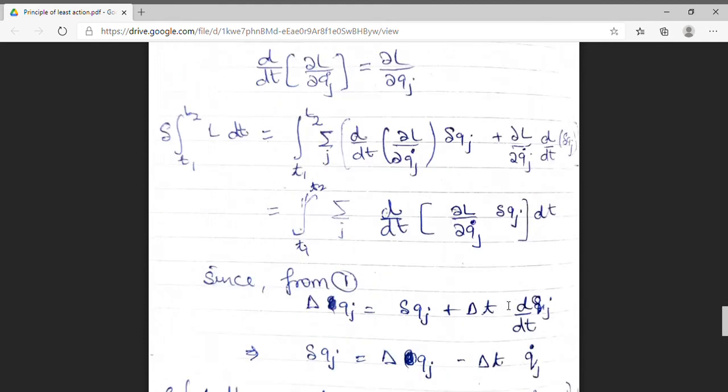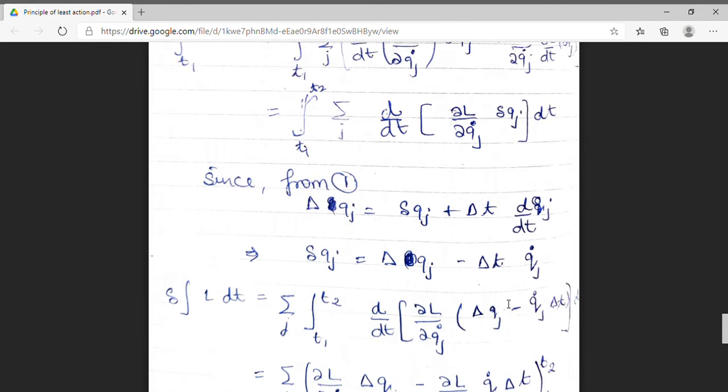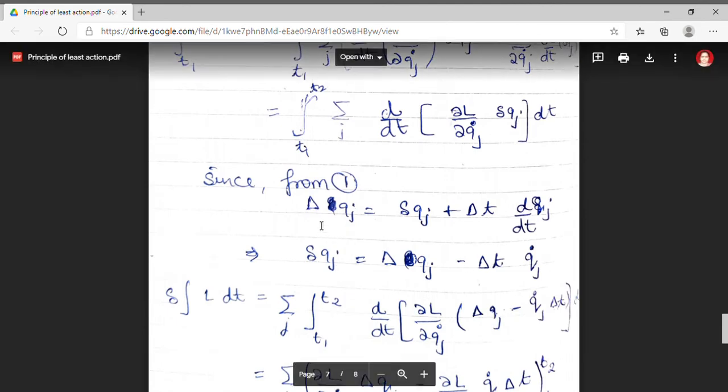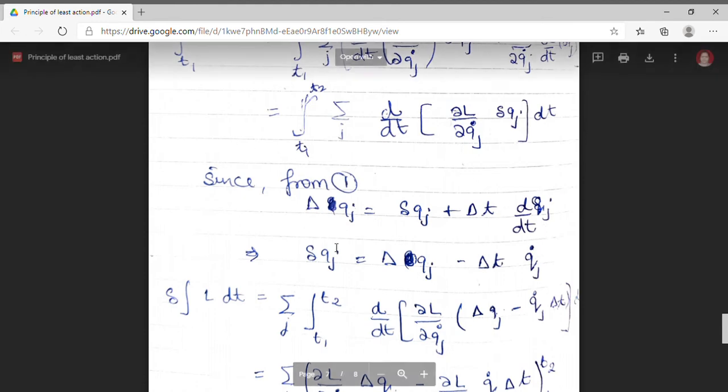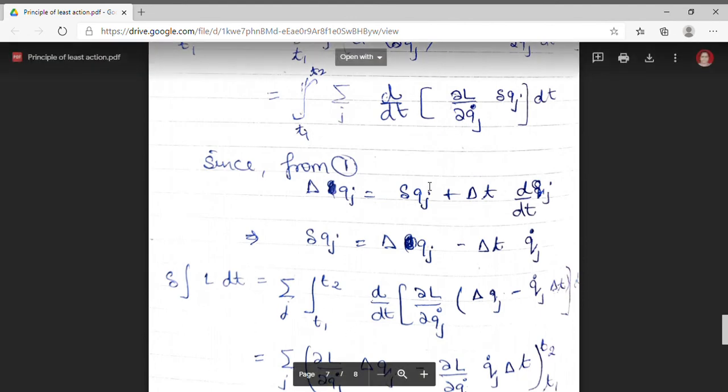Now from the operator I find the value of Δqj to be equal to δqj plus δt dqj/dt. This is, Δqj can be written as δqj minus δt qj dot. So I can write my expression as d/dt ∂L/∂qj dot, and instead of δqj, I have this expression.